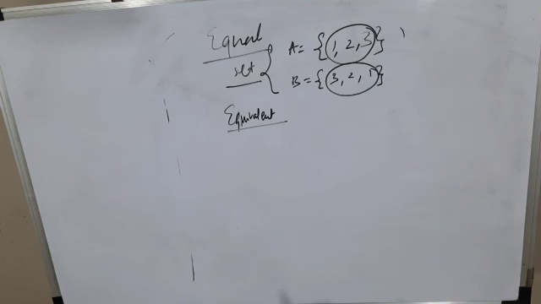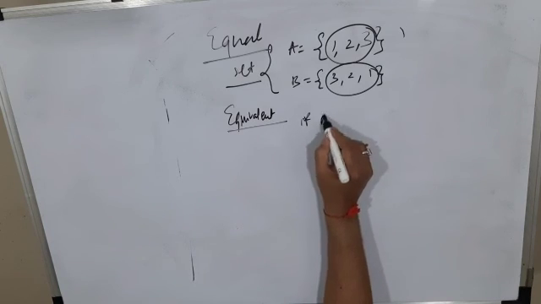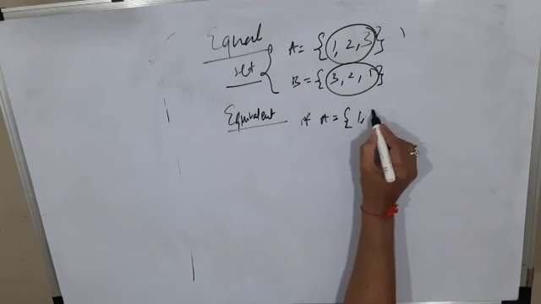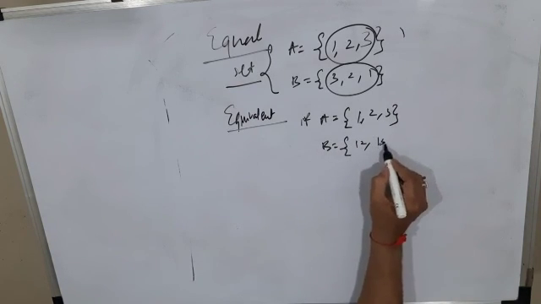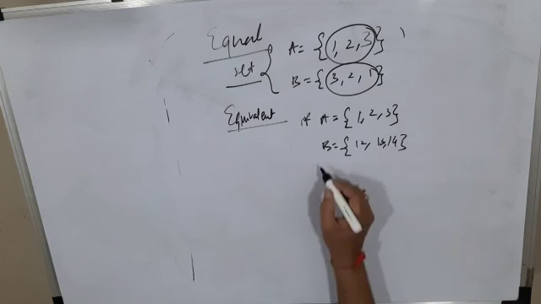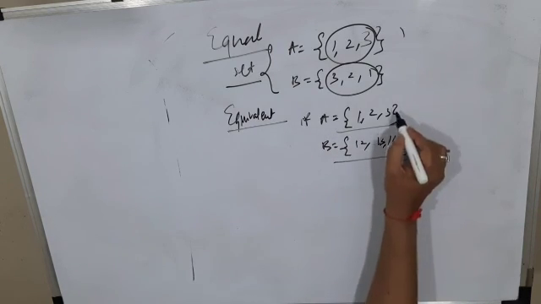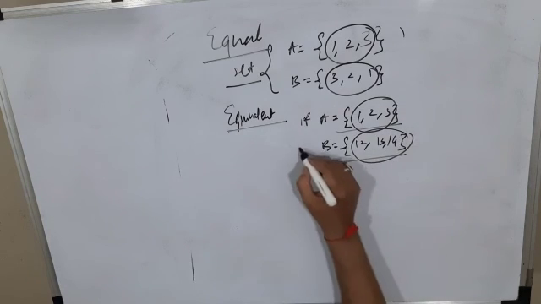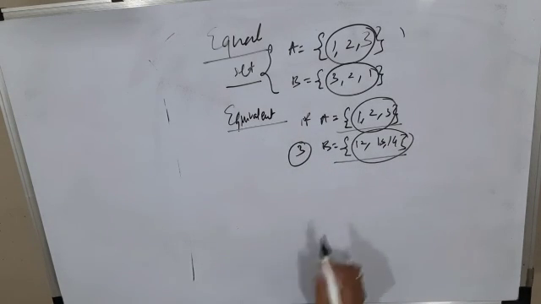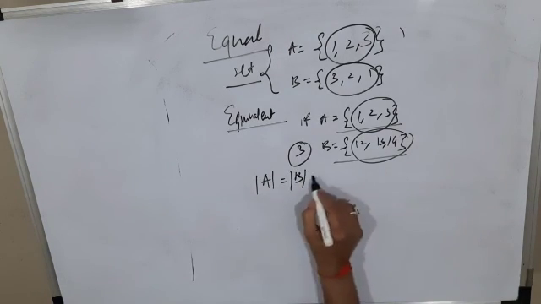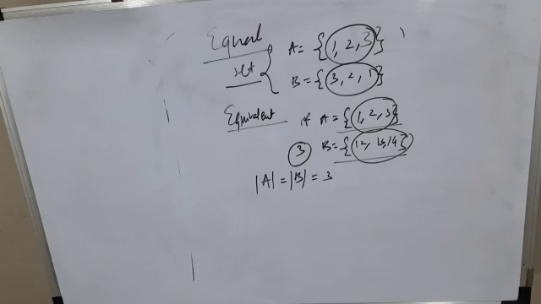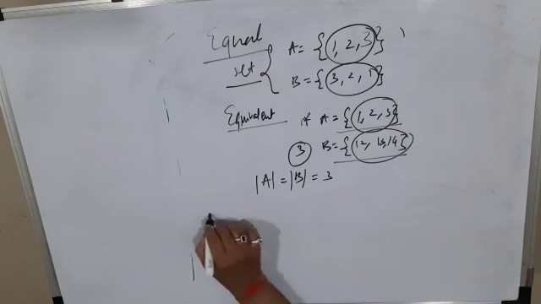If A is equal to 1, 2, 3 and B is equal to 12, 13 and 14, then this is called equivalent, because the number of elements is the same, that is 3. It is called the cardinality, so cardinality of A is equal to cardinality of B, and it is 3. So these are the types of sets.